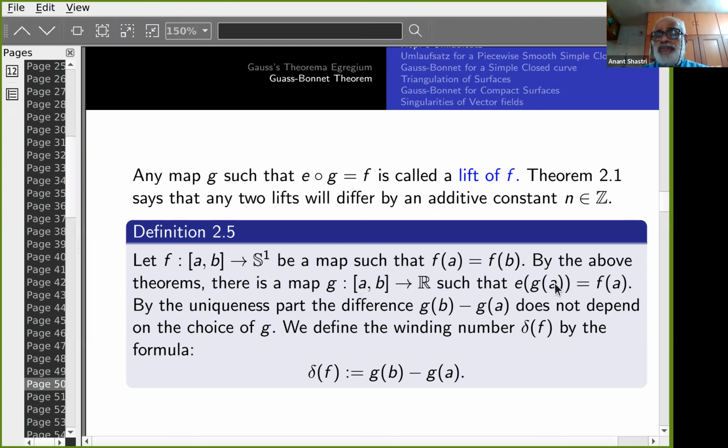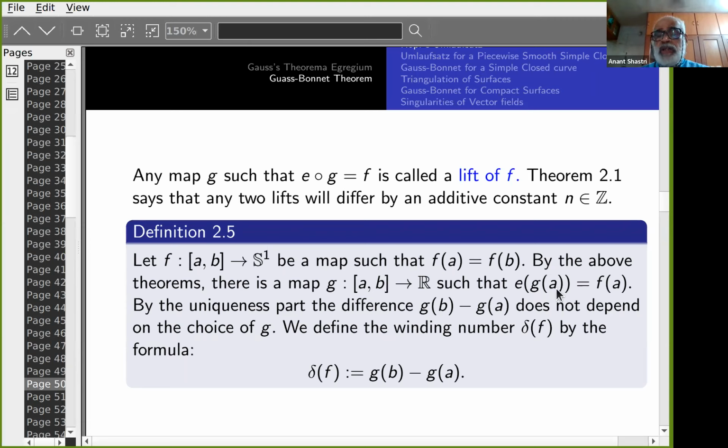There are lots of choices for g(a). Indeed, once you choose one choice, anything got by adding an integer to this one, g(a) plus n, e of g(a) plus n is also equal to e of g(a). So there are plenty of choices here. Doesn't matter.